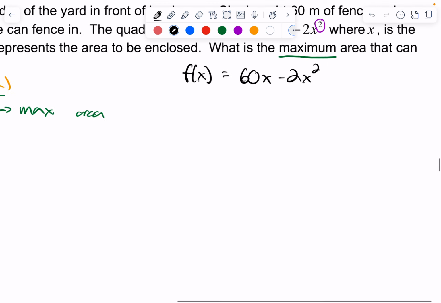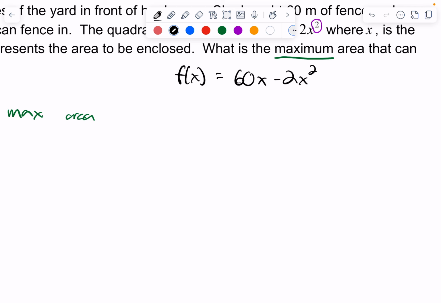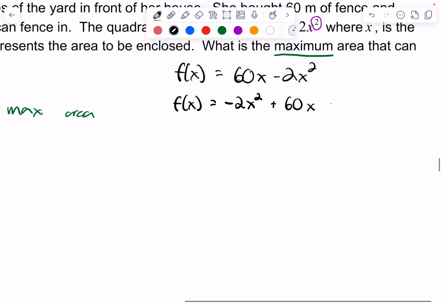It's a little tricky here because this is not something we've seen before. Well, in this case, let's rearrange it into something we are familiar with. So I can rewrite this as f of x equals minus 2x squared first and then add 60x. And now it looks more like standard form, where you have this 0 on the back as your c value.